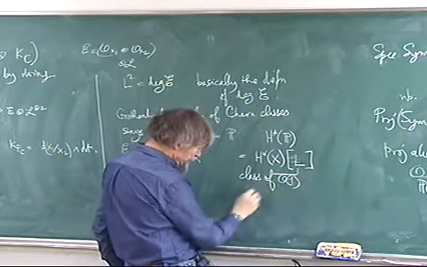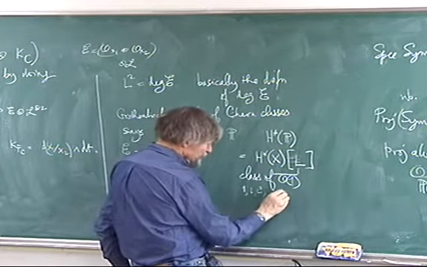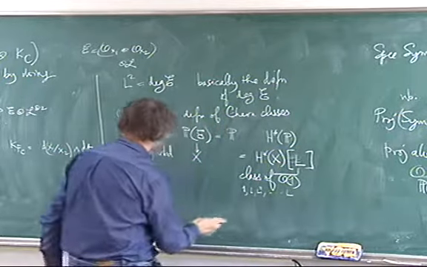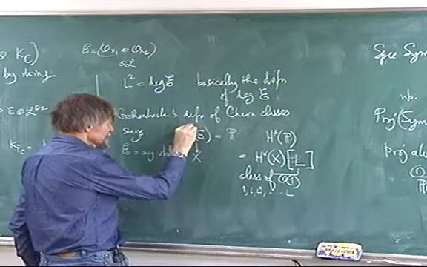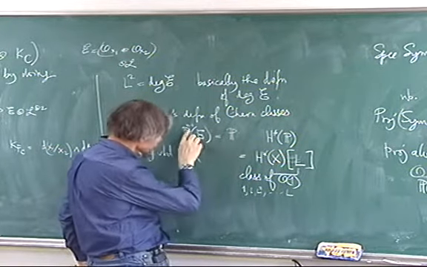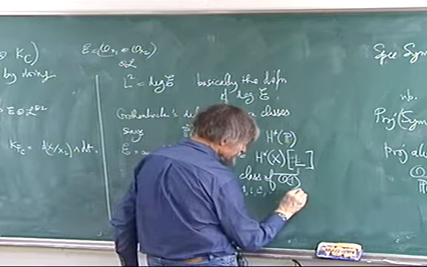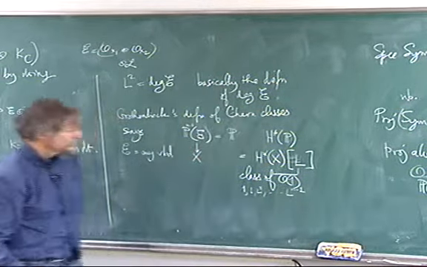right? And what this means is that I do 1, L, L squared, and so on, all the way up to L^(n-1). This is a P^(n-1) bundle. This is locally P^(n-1) times X. So this goes up to n minus 1, right?